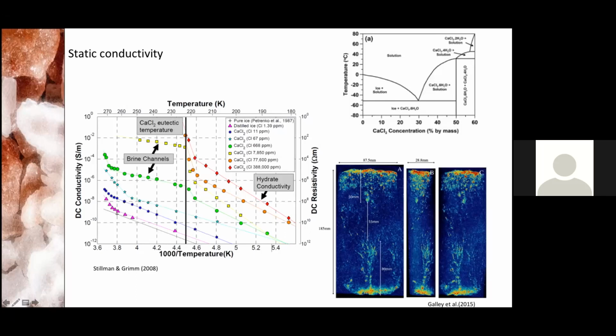So the image on the right is from experiments to study the formation of these brine channels in sea ice, which is very relevant for the ice moons.